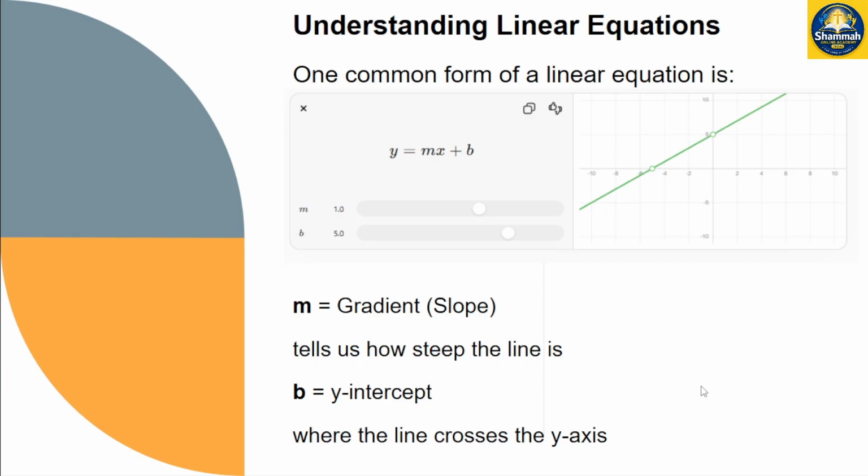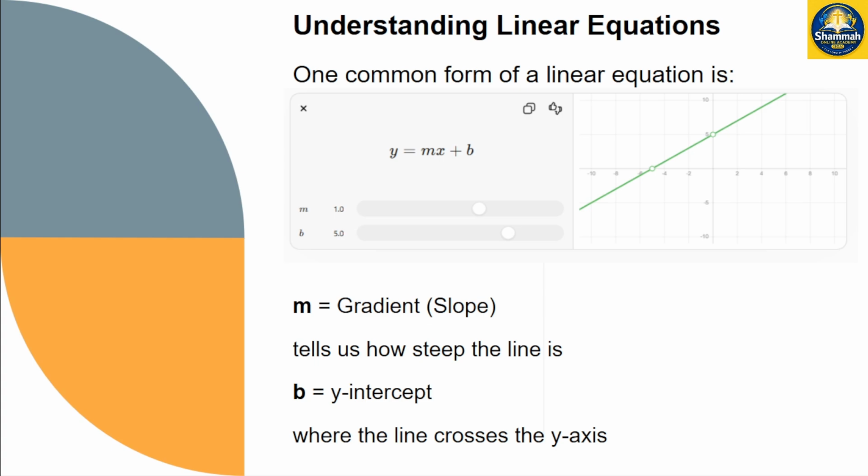Now, in understanding linear equations, one common form of a linear equation is y = mx + b, where m is the gradient or the slope, which tells us how steep the line is, how far towards the left, right, downwards or upwards a line goes, while b is the y-intercept.